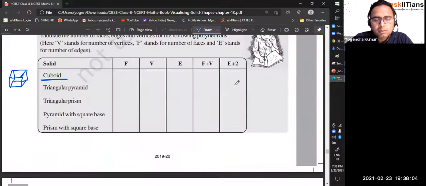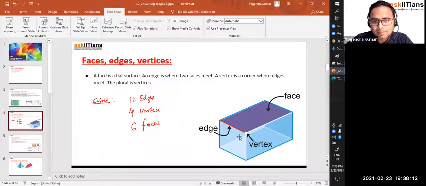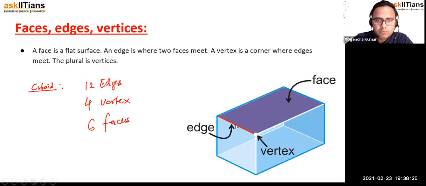So how many faces do we have? 6. How many vertices do we have? Sorry, 4. I wrote only 4. I'm so sorry. It is 4 plus 4, right? We need to write here 4 plus 4.